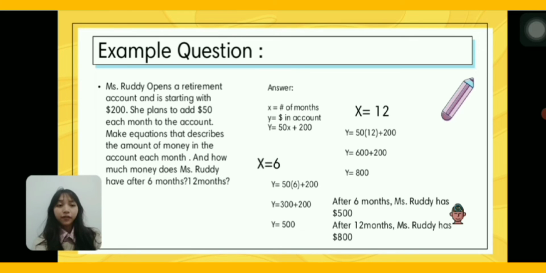As the result, we know that after 6 months Miss Radi has $500, and after 12 months she will have $800. And now we're going to move to the next example problems.